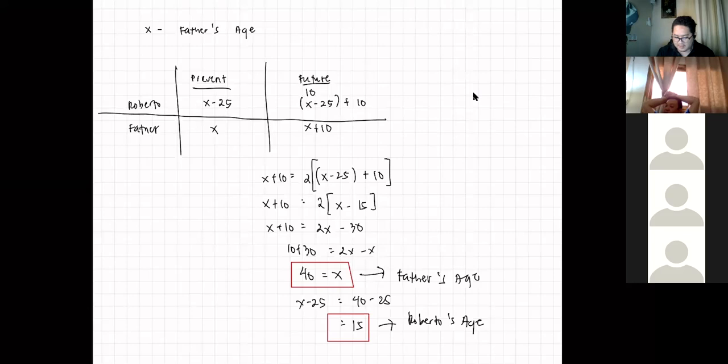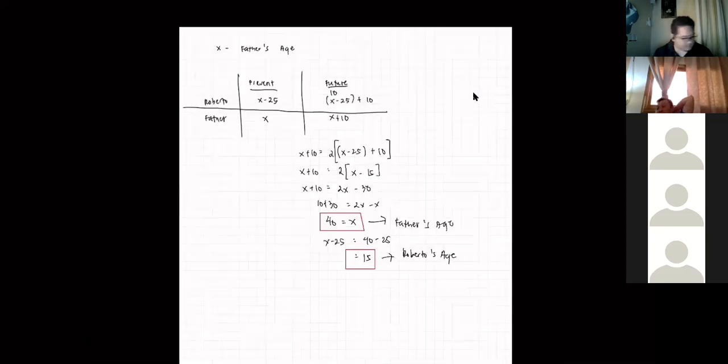So yung present age ni Roberto, which is x minus 25, mag-age din siya ng 10 years. Then yung isang condition na sinabi, yung age ng father niya in 10 years ay equal sa twice nung age ni Roberto. Ito yung age ni Roberto. Twice yun. So, isi-simplify lang. We have 40 as yung father's age, then Roberto as 15. Okay?